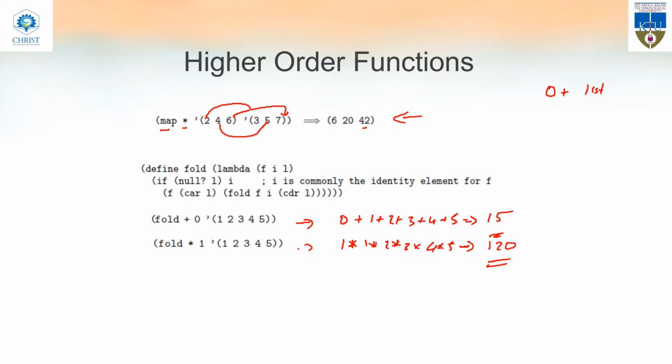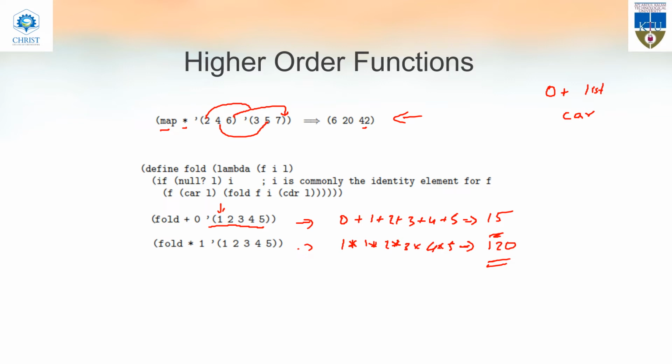To extract one element from this list, I will be using CAR. CAR gives out the head element, that is the first element. So if I use CAR of the list, I will be getting 1.